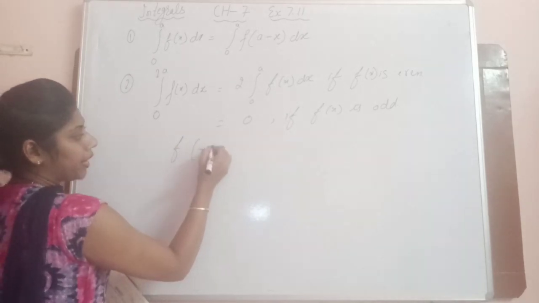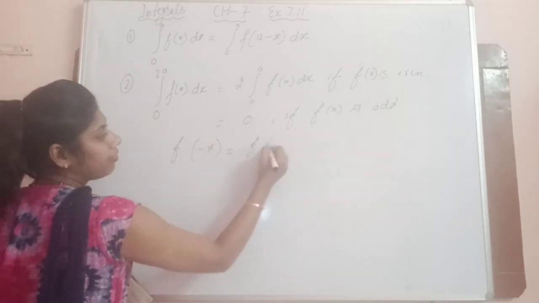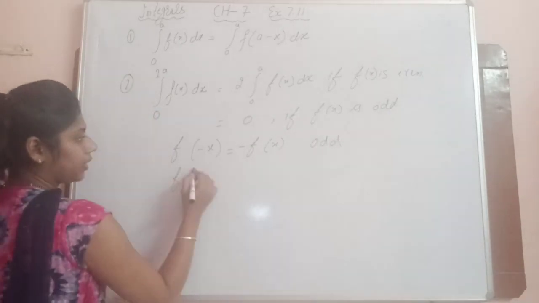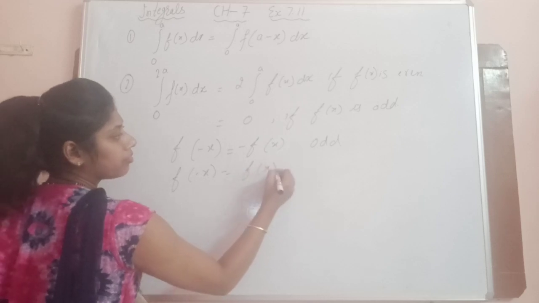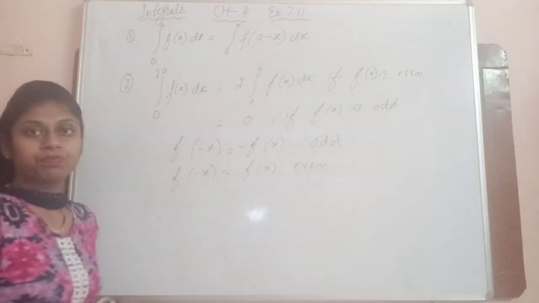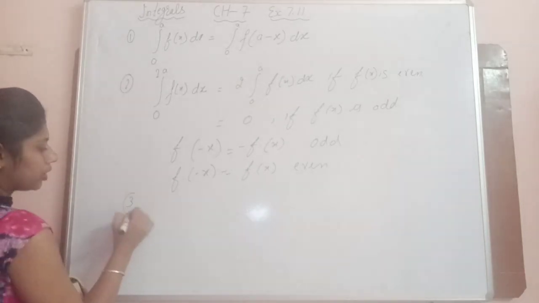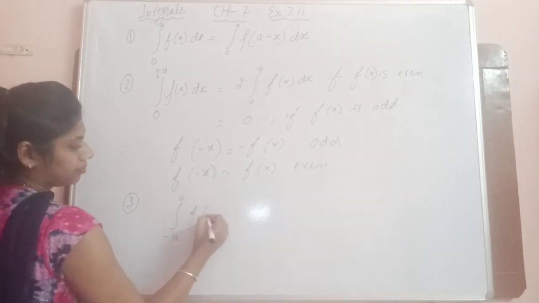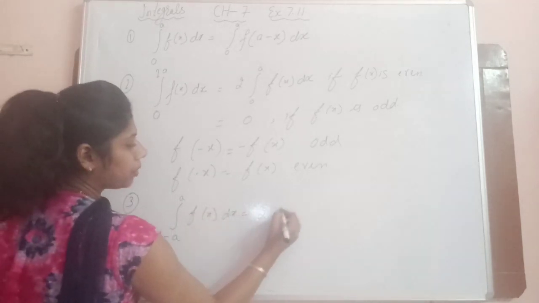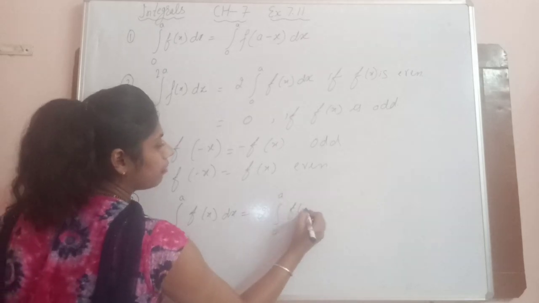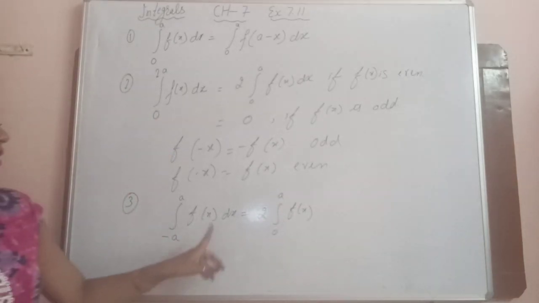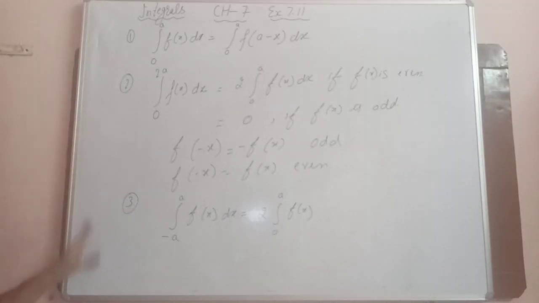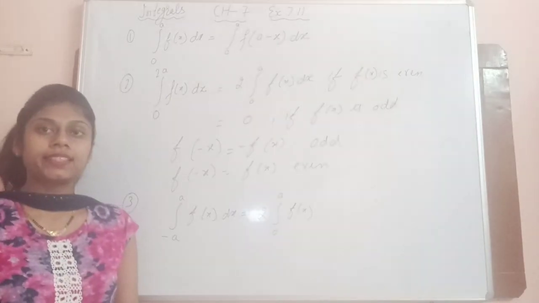If you put minus x instead of x and it equals minus f(x), then we say it is an odd function, and if it equals f(x), then we say it is an even function. Next, the third formula, minus a to a: same, it will become double if the function is even, and it will become 0 if the function is odd. Clear? So these are the basic formulas which we will apply in this exercise.